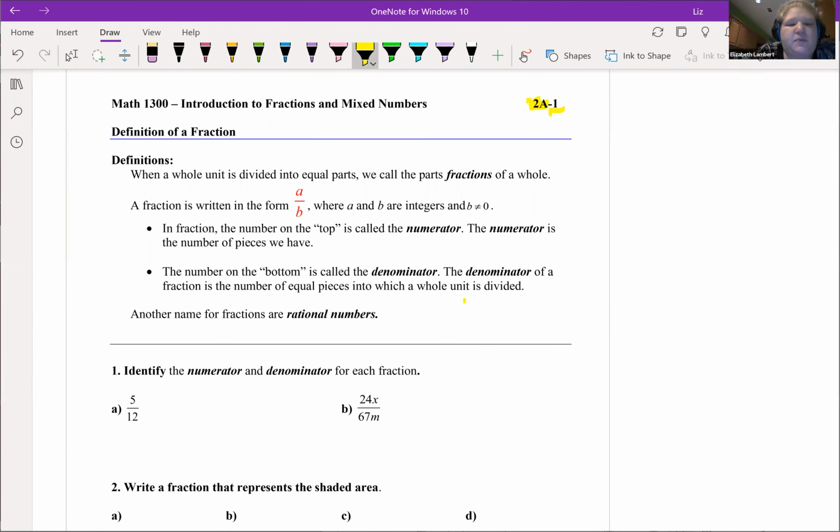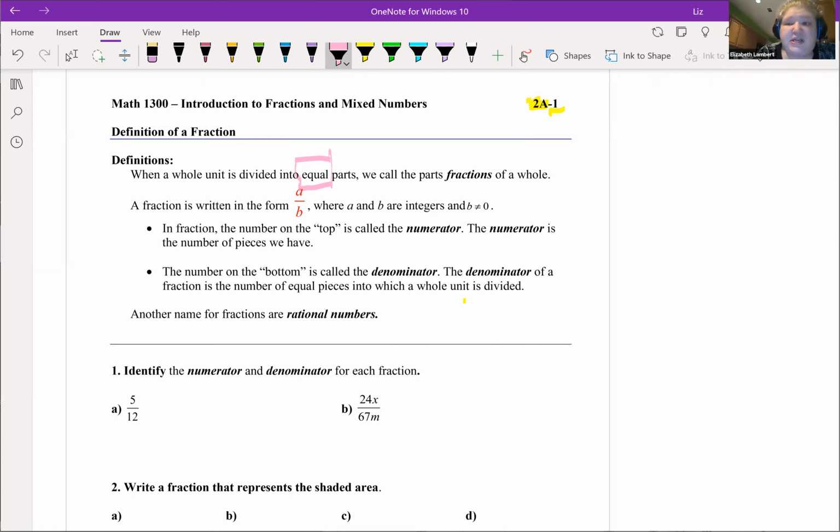Okay. So when a whole unit, whatever size or shape, is divided into equal parts. Now, the equal here is the critical, important piece. We don't talk about fractions unless all the parts are the same size. So we call those parts fractions of a whole.